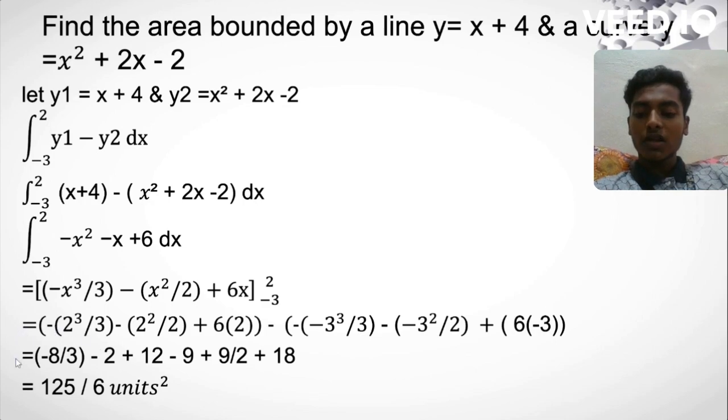If we solve that, we get negative 8 over 3 minus 2 plus 12 minus 9 plus 9 over 2 plus 18.